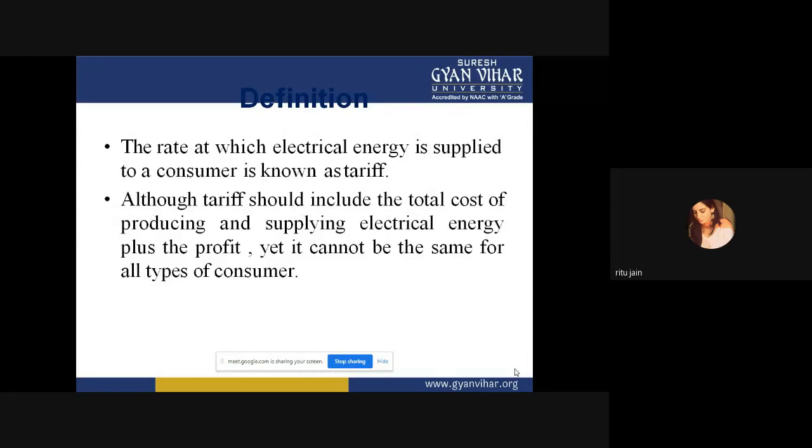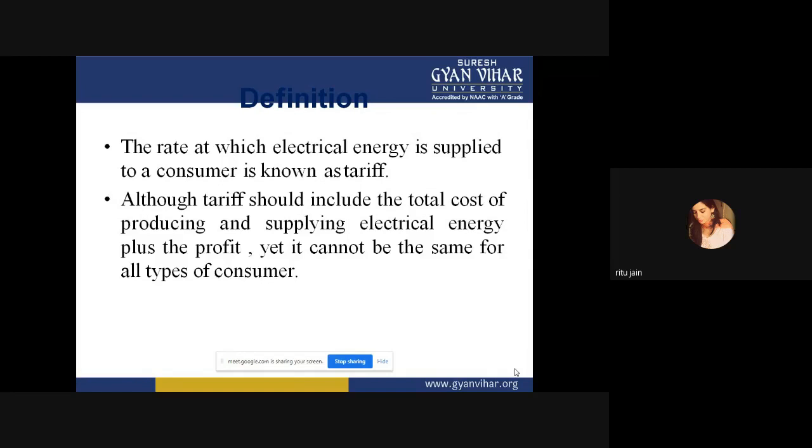The rate at which electrical energy is supplied to a consumer is known as tariff. Although tariffs should include the total cost of producing and supplying electrical energy plus the profit, yet it cannot be the same for all types of consumers.